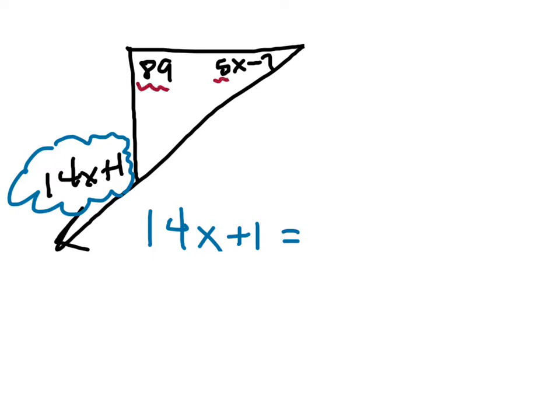And that's 89 and 5x minus 7. This angle right here is touching that exterior angle, so we don't care about that angle. We just care that it's 89 plus 5x minus 7. And then you can just solve for x.